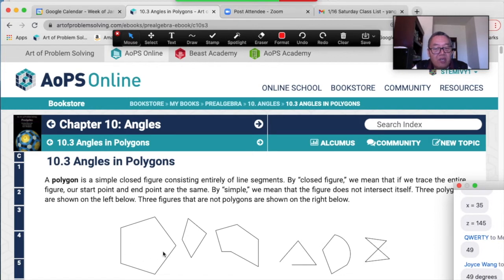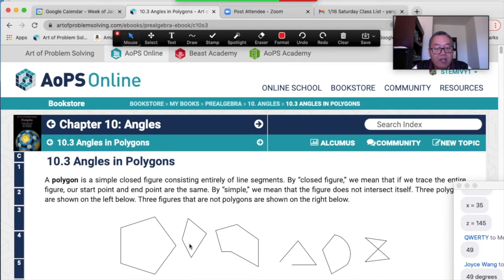So you can say this triangle is a polygon. This one has 5 sides. We also call this one a pentagon. Okay, 5 sides, pentagon. This one has 4 sides. We call this one a quadrilateral.